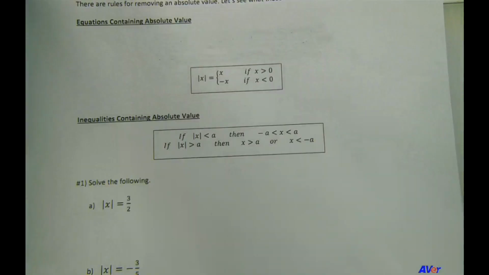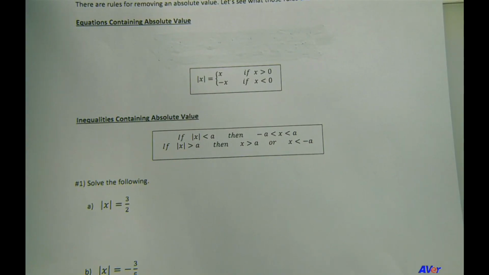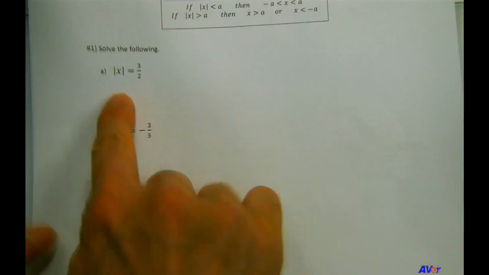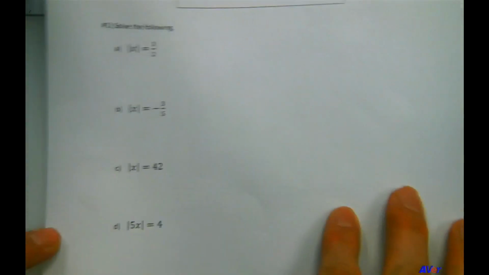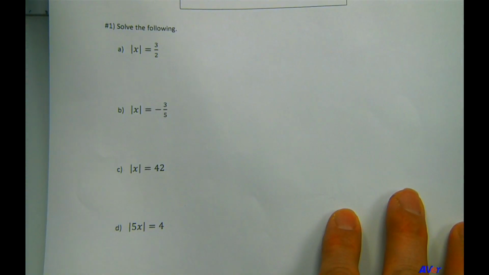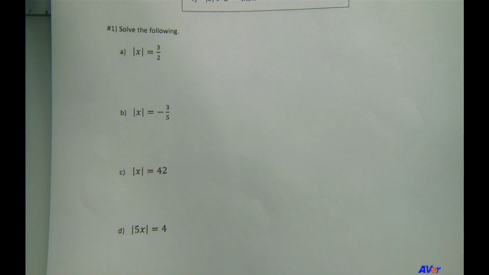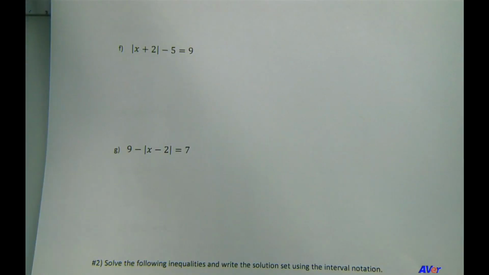All right, so absolute value equalities, as you can see right here. These are some examples of absolute value equalities, and I want to show you some examples on the other page like that. And then absolute value inequalities, this is what they look like.